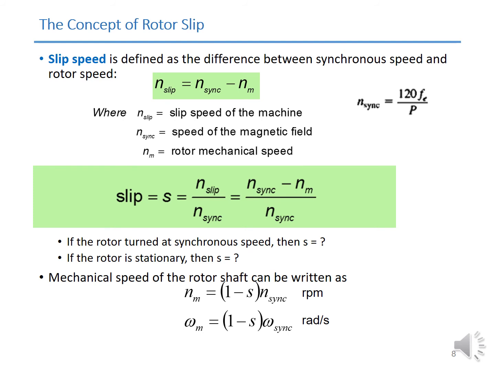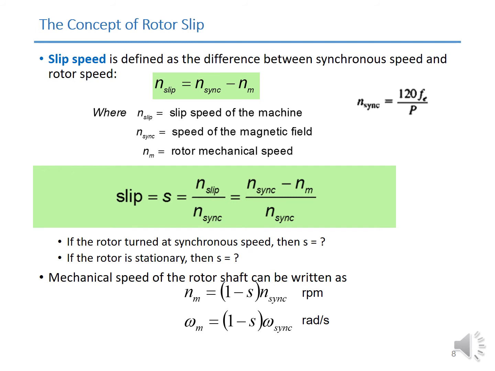Now we've got a couple of questions here. If the rotor turned at synchronous speed, what is the value of S? If the rotor is turning at the synchronous speed, it means that nm is equal to n sync, and therefore the slip S will be n sync minus n sync over n sync, which is 0, yeah?